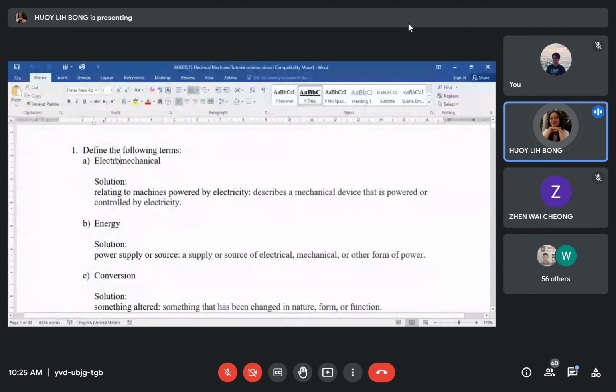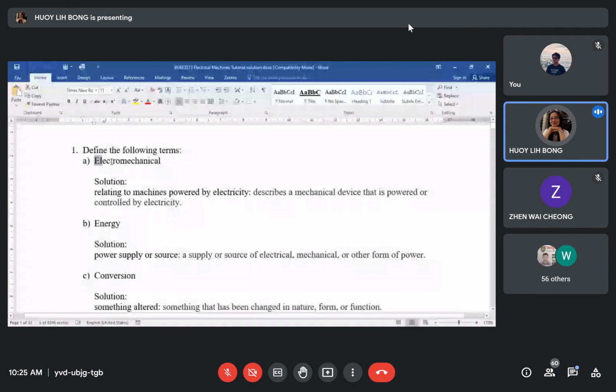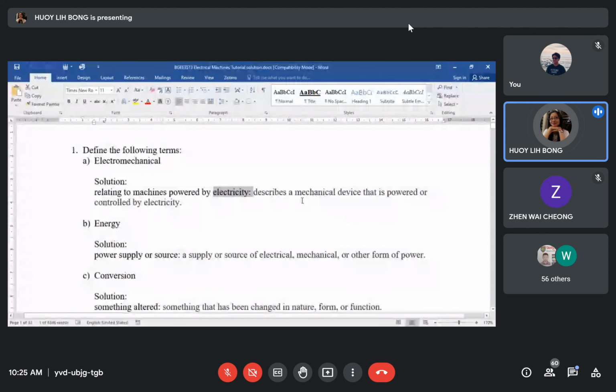So electromechanical just means that it is a machine. Okay, it's powered by electricity. We have electric, and then we have mechanical movements. The electricity is converted to force or torque. So that is mechanical.